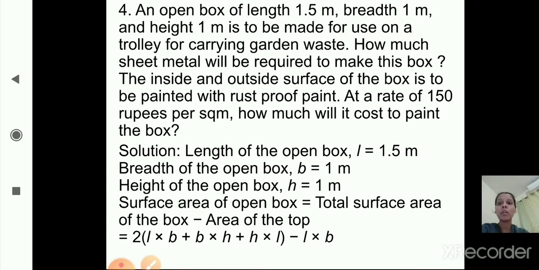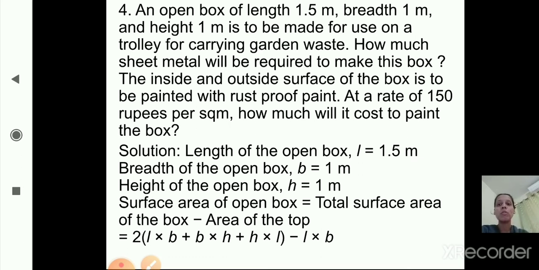So we find the total surface area of the box and subtract the area of the top part. The total surface area of the box formula is 2 times, inside the bracket, L into B plus B into H plus H into L, and minus L into B. Length multiplied by breadth is area of the top part of the box.